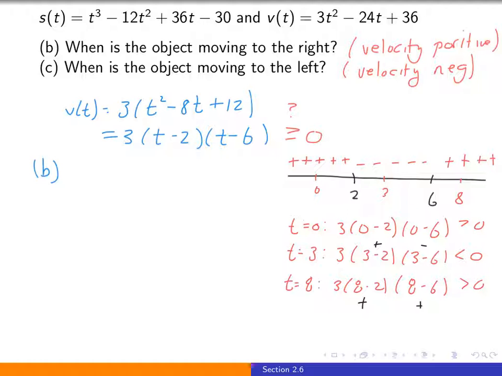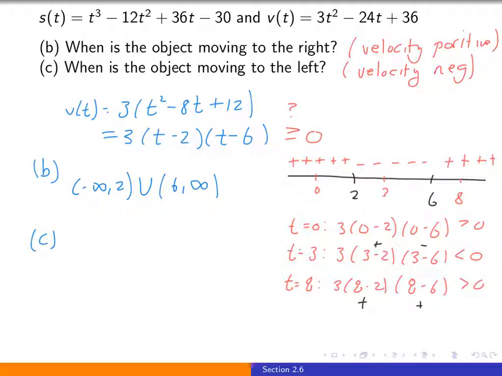So if we want to know when is the object moving to the right, we're really asking where is the velocity positive? Well, the velocity is positive to the left of 2 and to the right of 6. So as an interval, that would be minus infinity up to 2, union with 6 to infinity.